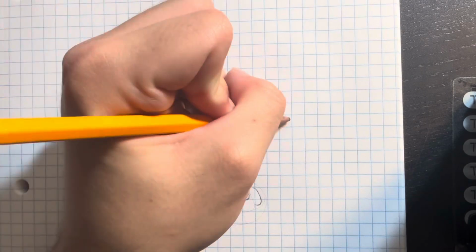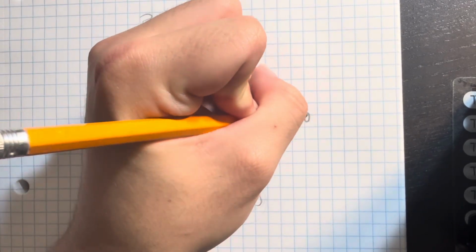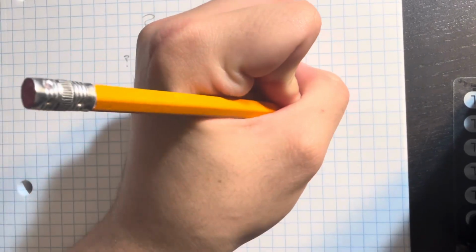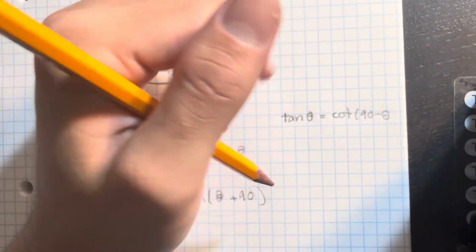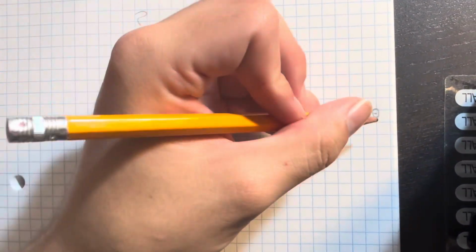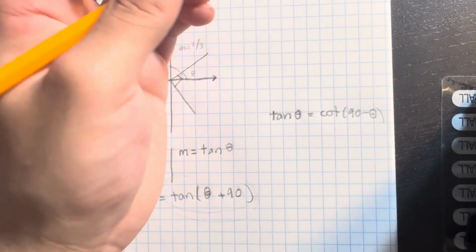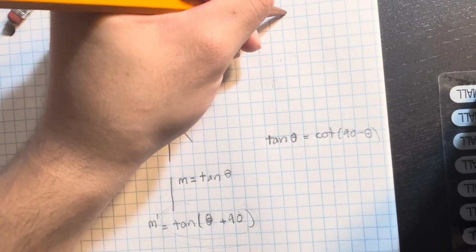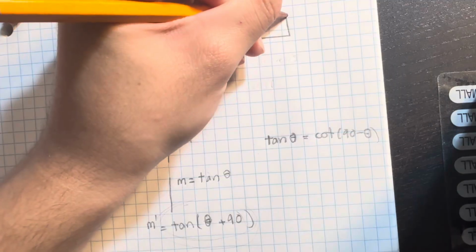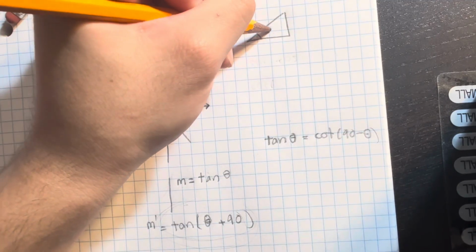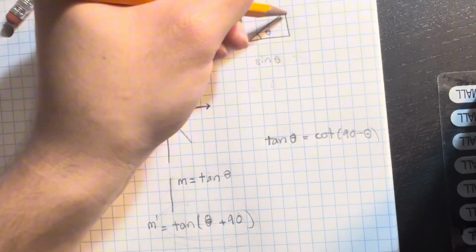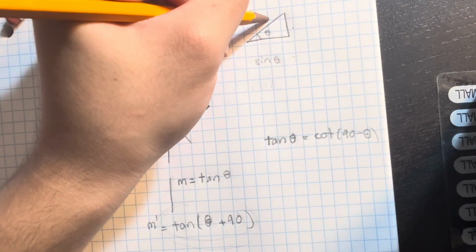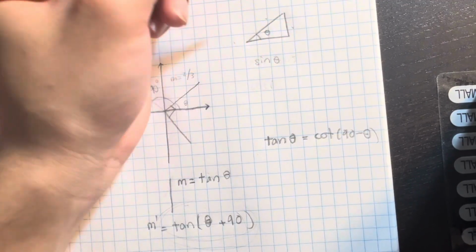We know that tangent of theta is going to equal cotangent of 90 minus theta. Now, before you click off, there's a very simple explanation behind this. This isn't just memorization. If we have a triangle here, and this is theta, sine of theta is this side divided by that side, or opposite over hypotenuse.